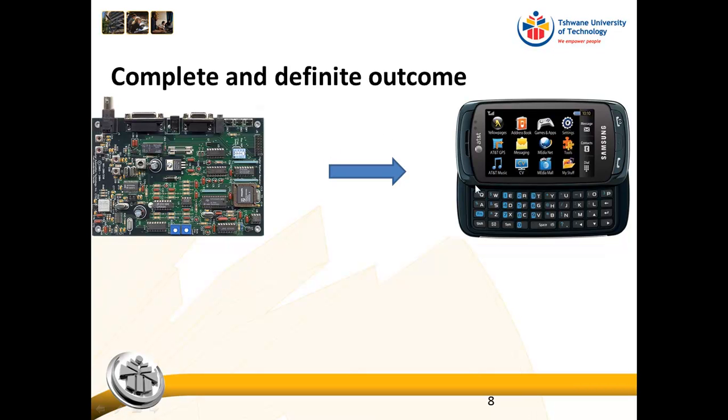Whereas if I am Samsung and I am busy developing a cell phone, I will use the product that somebody else has designed, and I will incorporate it into my complete and definite outcome, which will then be a cell phone.